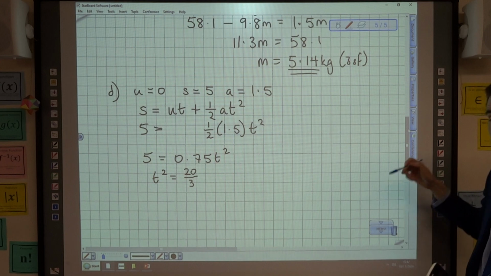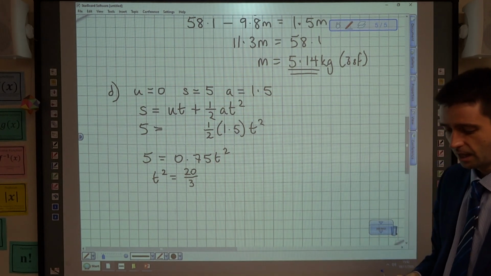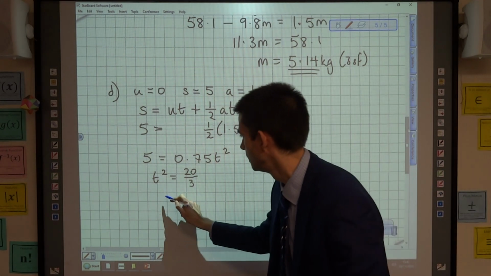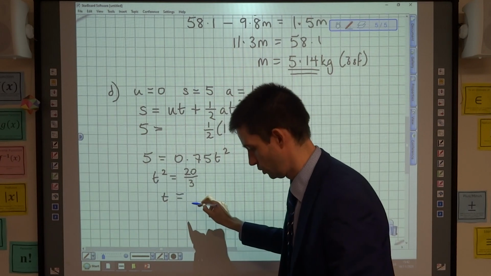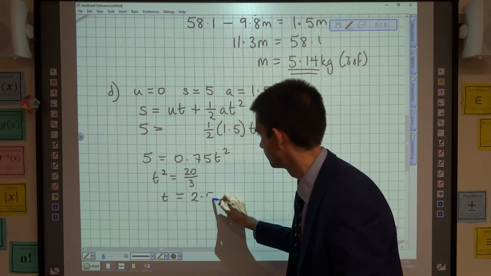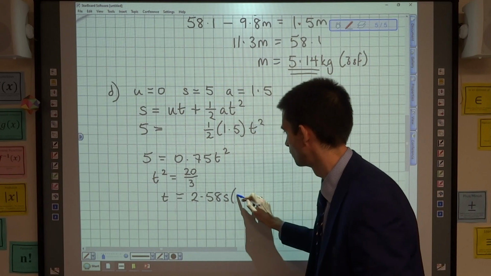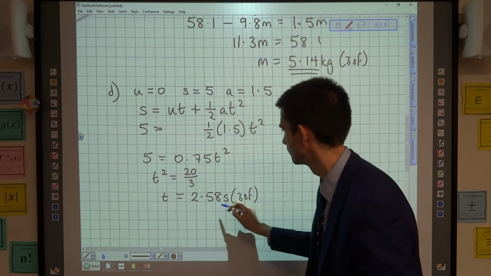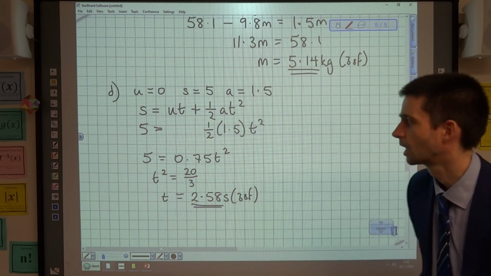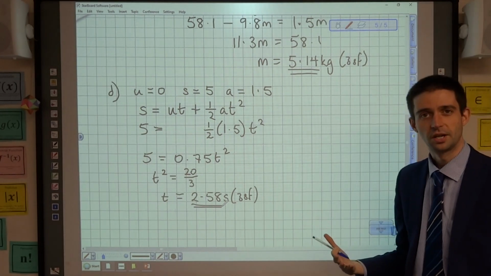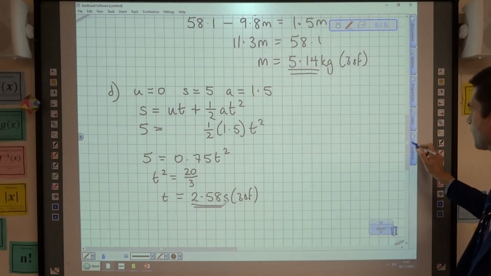And if we find the positive square root of that because it's time, we get t to be 2.58 seconds to 3 significant figures. So using another one of the constant acceleration formulae there.